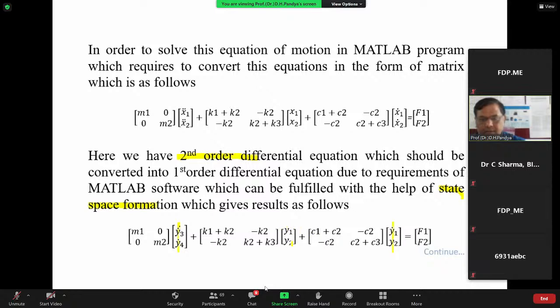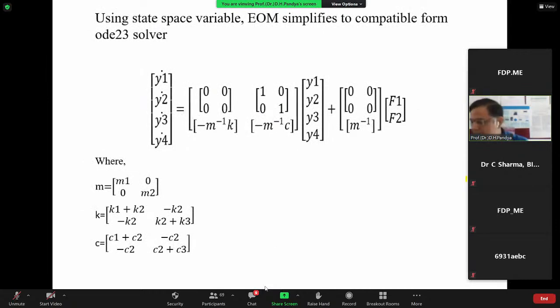These are the state space formations, some other variables for converting the second order differential equation into a first order differential equation, so that we can easily solve it using the ODE23 command available in MATLAB, ordinary differential equation solver, that we can solve over here.